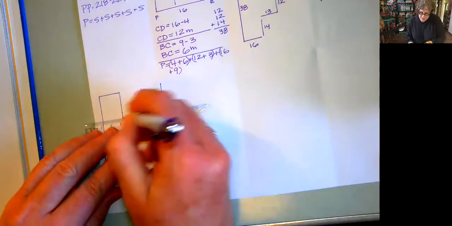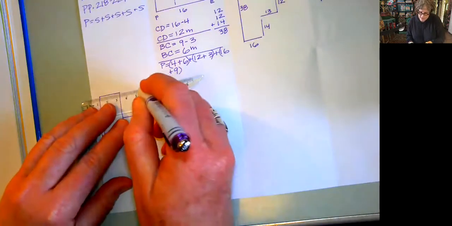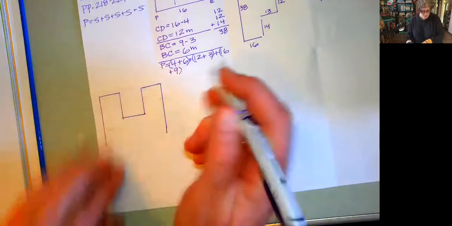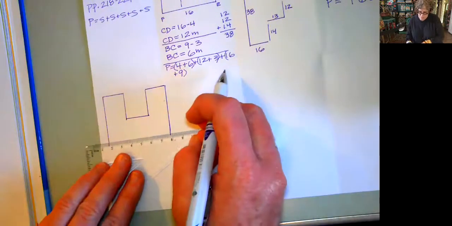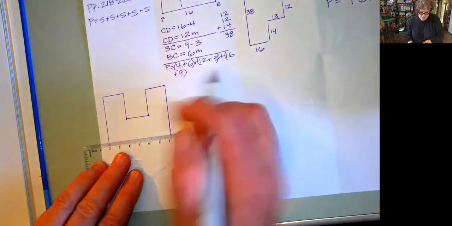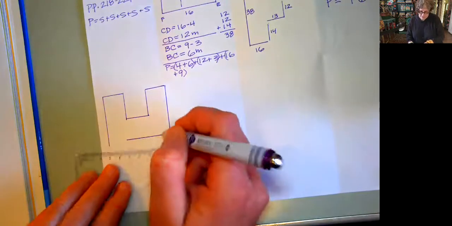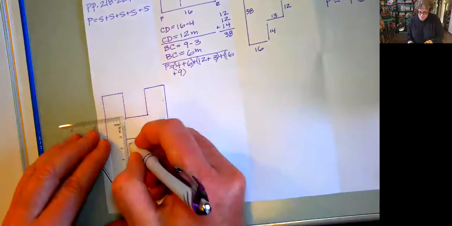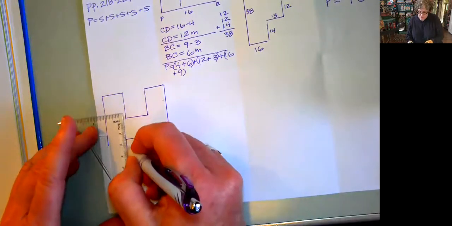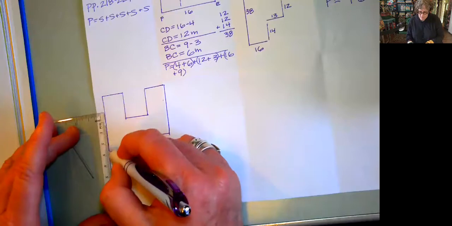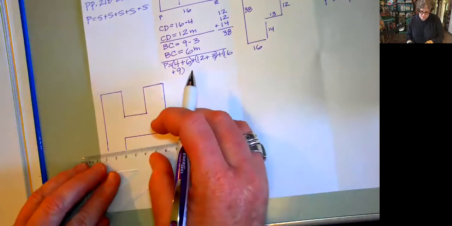So again, it doesn't have to be perfect. The only reason I'm using a drawing triangle is because I want it to be neat enough for me to read it. If I can't read it, that's a problem. Then I can't solve it. So I'm just keeping it just neat enough by doing it with a drawing triangle.